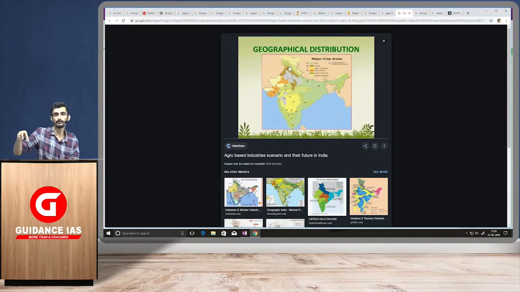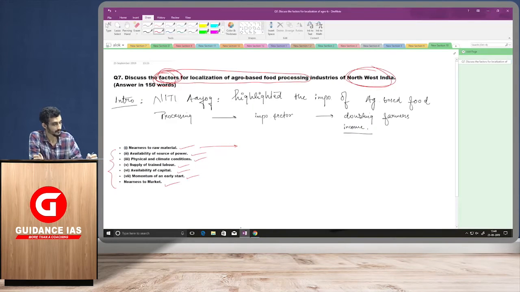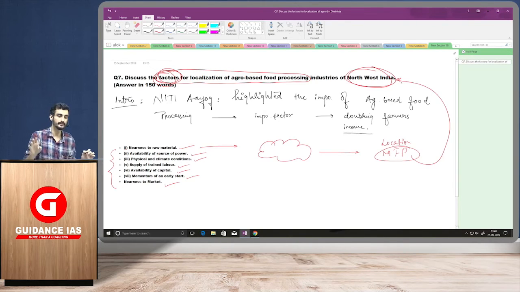So they are providing raw materials for these mega food parks, and this is a very important factor in localization of our agro-based processing industries. You can connect the raw material regions on the map. You can either show on the map or write them, and you can show the location of mega food parks which are there in the northwestern part of the country.